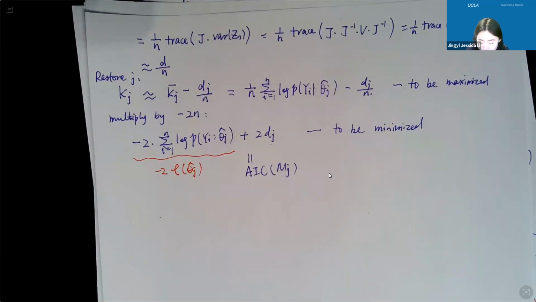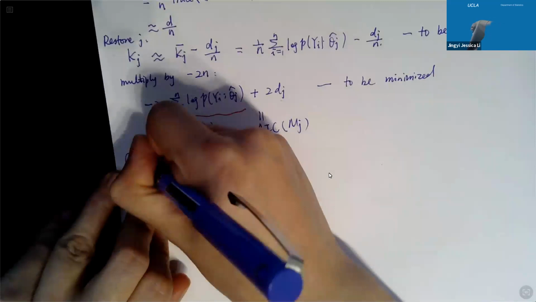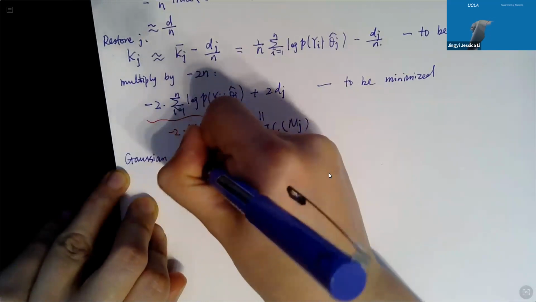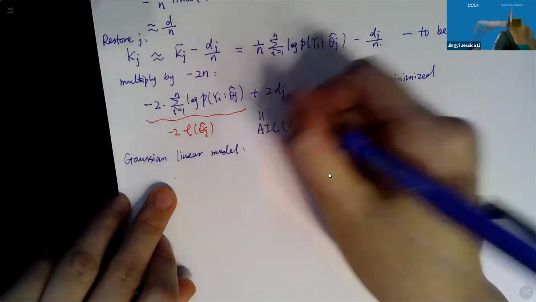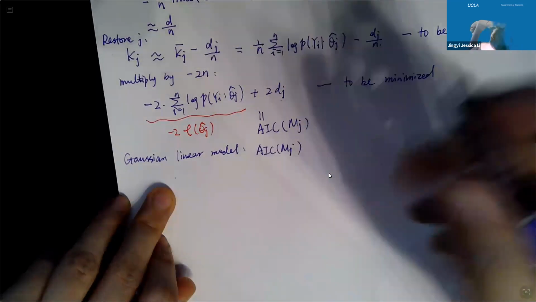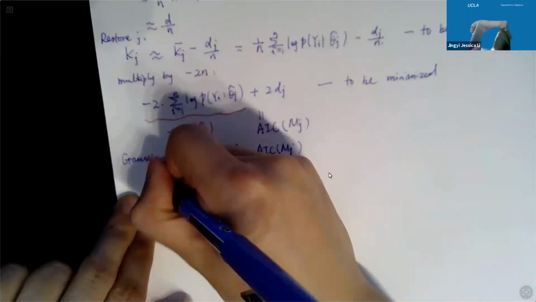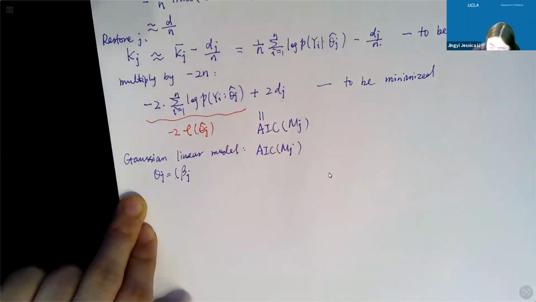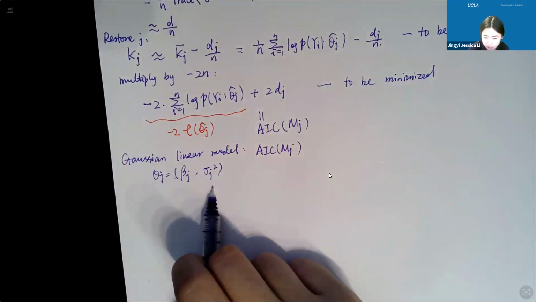One thing I want to say is that in the linear model with Gaussian random errors, which is what we talked about in the first part of this class, the Gaussian linear model, the normal linear model, we can show that by this definition, the AIC of Mj, let's say that here Mj, theta j involves two parameters: our beta j, the p-dimensional coefficient vector, and also the sigma j squared, the random errors variance.